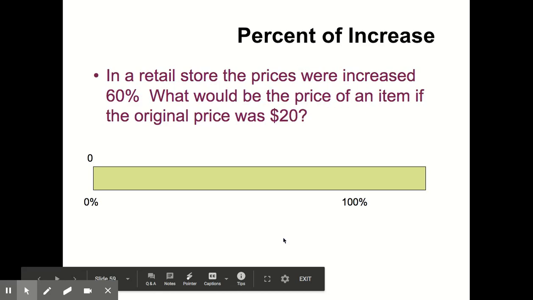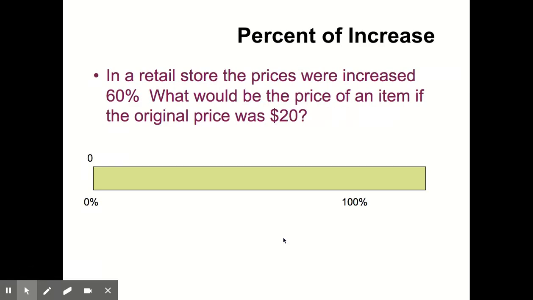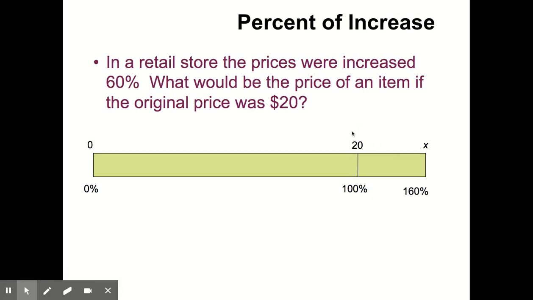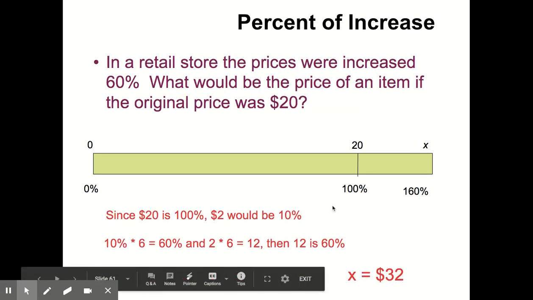But let's look at an increase now. In a retail store, the prices were increased 60%. What would be the price of an item if the original price was $20? We know that 100% is $20, but they also added 60% on to the 100%. So they're adding something to the $20 to make it the new price. We need to figure out what this 160% is.